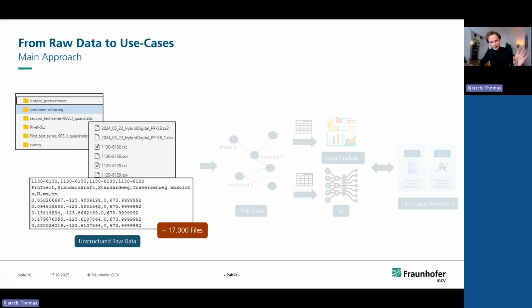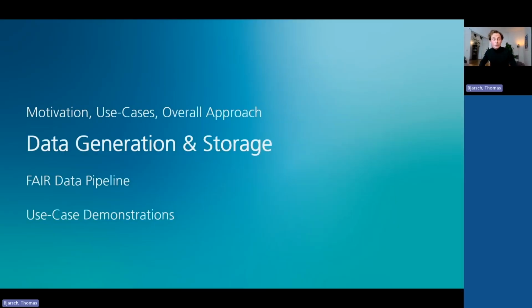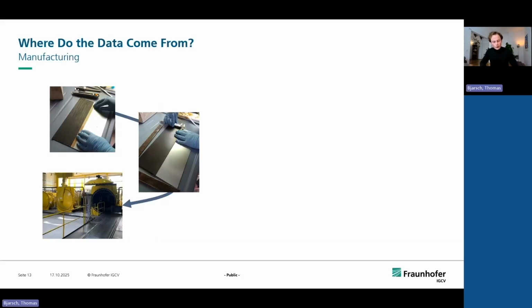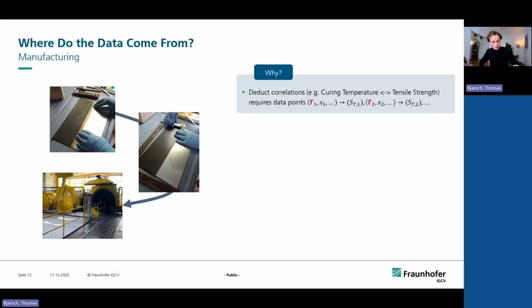We start with the data generation. How did we do this? And how did we store those data? We had three main sources of data and information. The first one is the manufacturing, where we collected different information. Why did we do this?